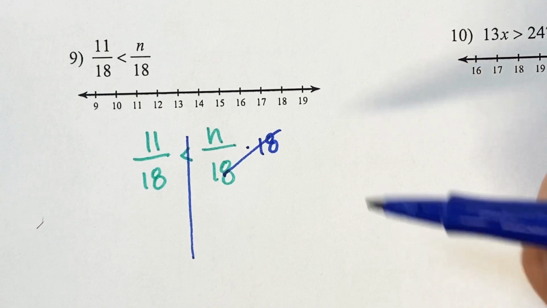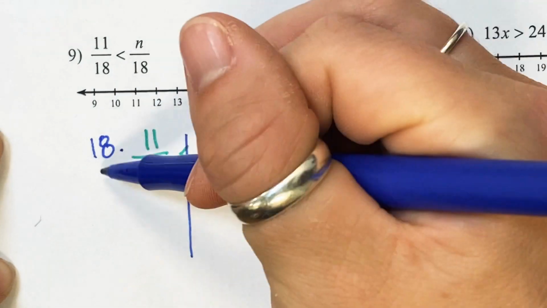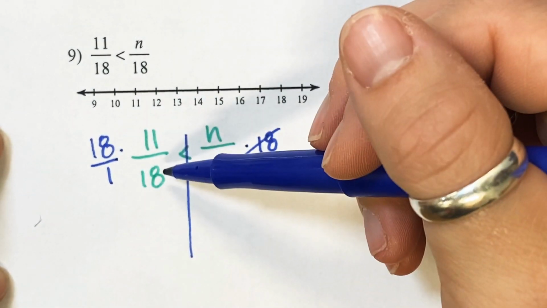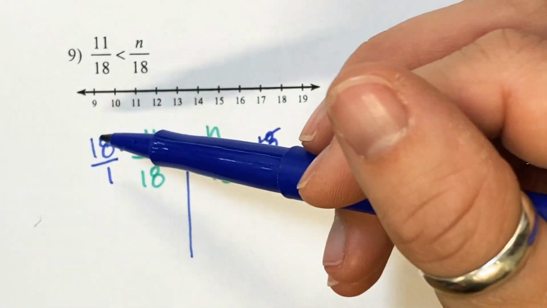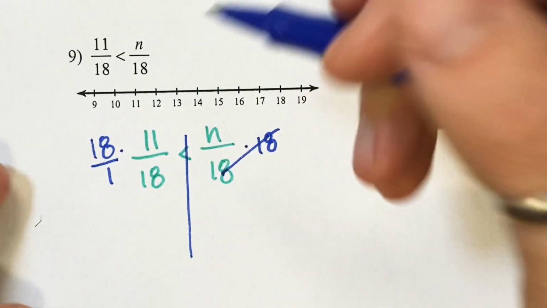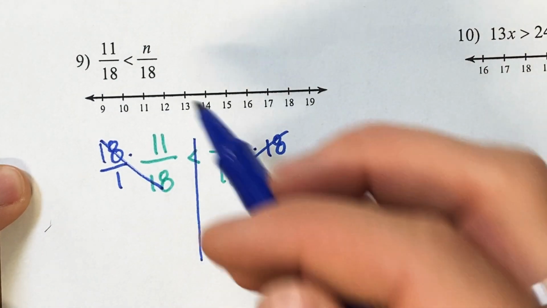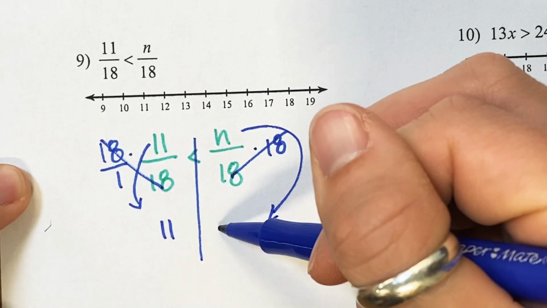Once we do it to both sides, look at that. 18 over 1. This is where fractions are really cool. If you see the same thing on top and bottom, crisscross, and it's being multiplied, those things cancel out. So all that's left here is that 11 and our n.